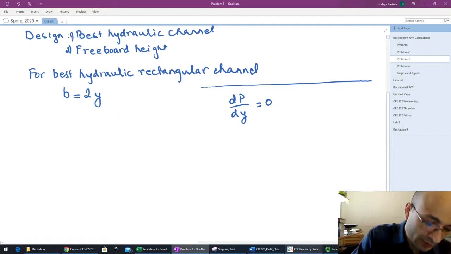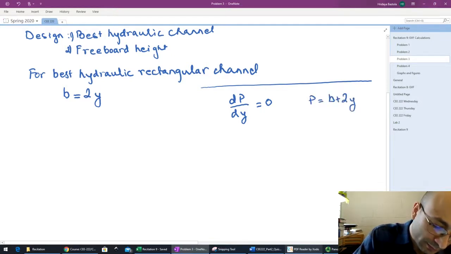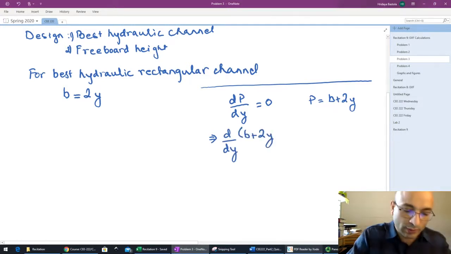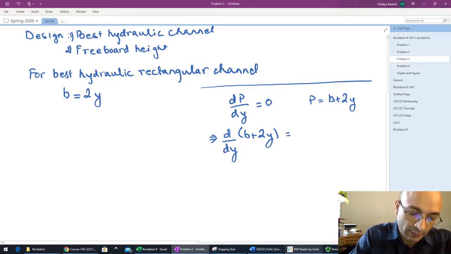In this case in particular, we're looking at rectangular channel, so perimeter equals b plus 2y. So this then can be expressed as d over dy of (b plus 2y) equals 0.